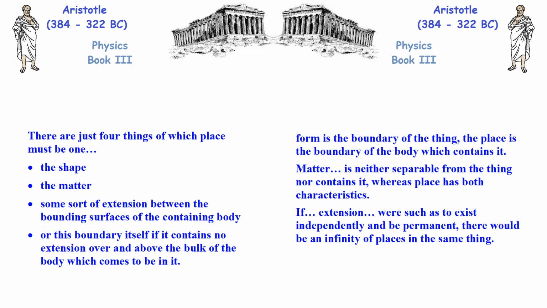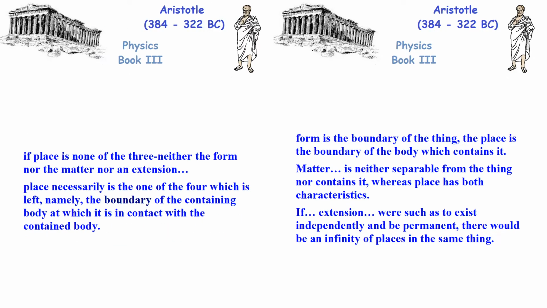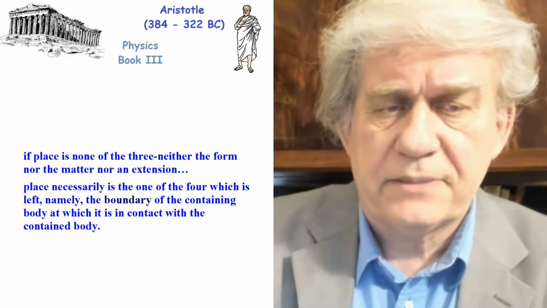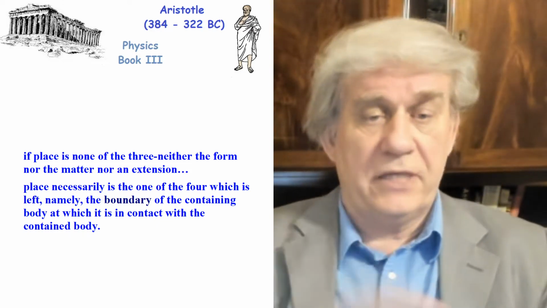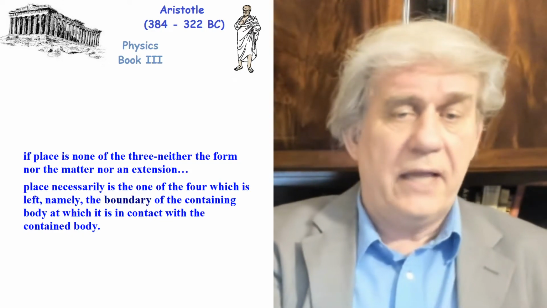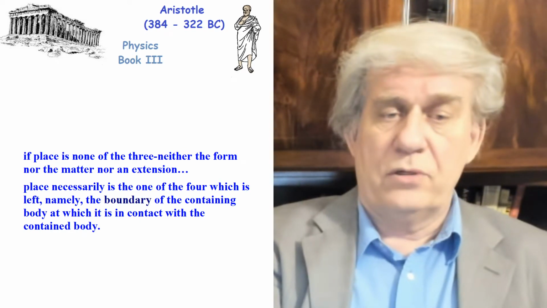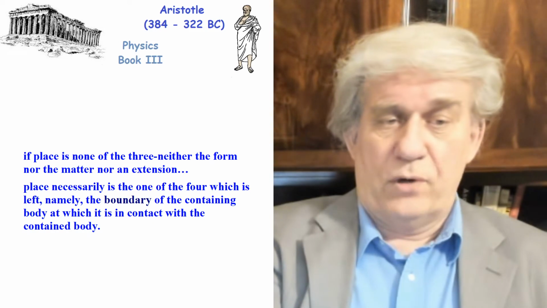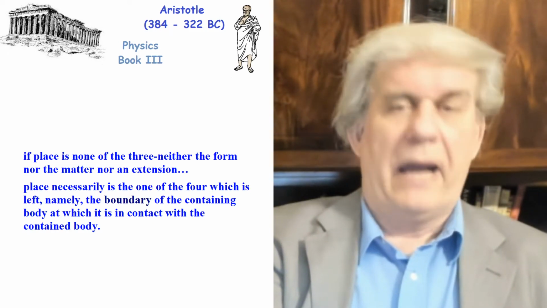And so he takes his reasoning one step further and says, okay, what's left? Essentially that's his reasoning here. Let me get this one out of the way. And so he says the following: if place is none of these three, neither the form, nor the matter, nor an extension, place necessarily is the one of the four which is left, namely the boundary.